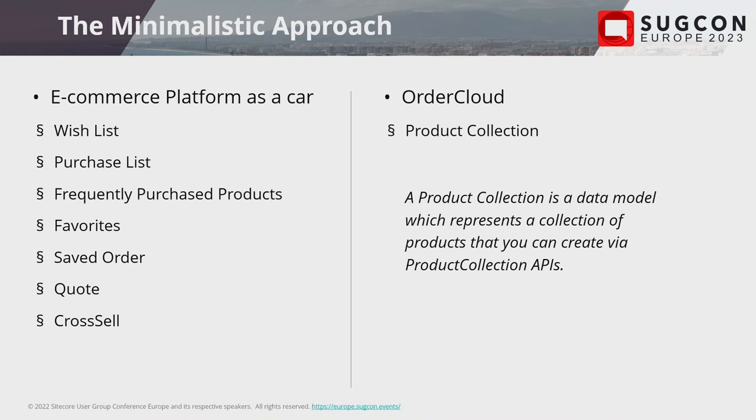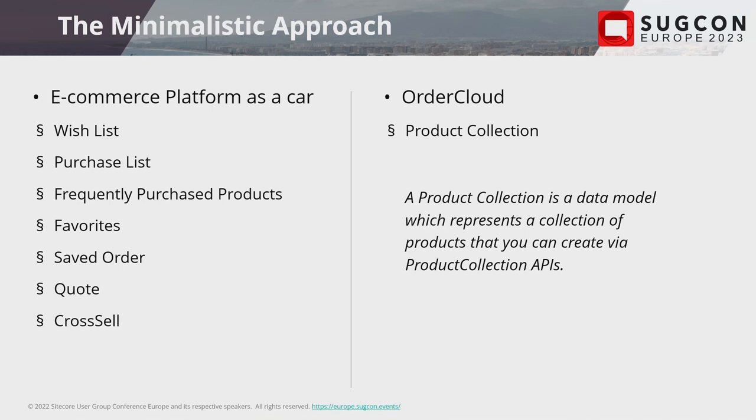What they provide in the OrderCloud platform is a product collection API, which is a data model on which you can build any kind of feature like wish list, purchase list, favorites, or saved order. So it's a minimalistic approach. You take it and you build it your way.